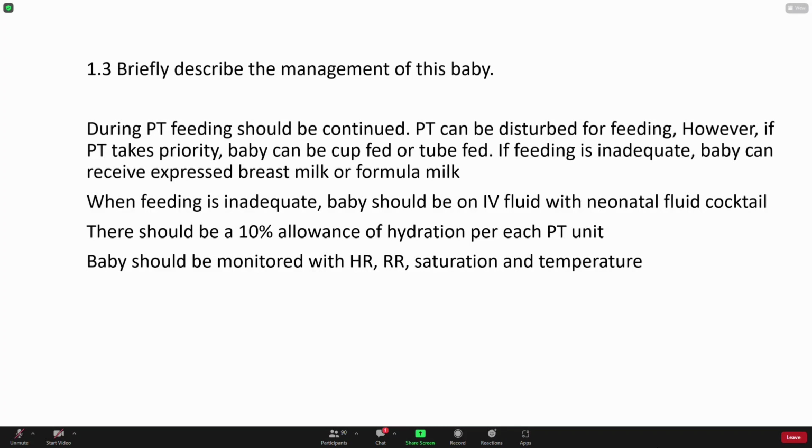When there's cirrhosis, what happens to the gastric mucosa? What is the particular condition called? There will be cirrhotic gastropathy and chances of erosion will be high. Something else you can write here.